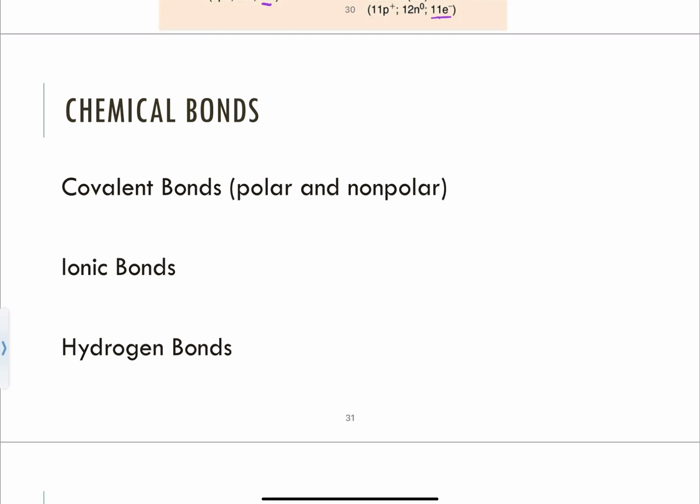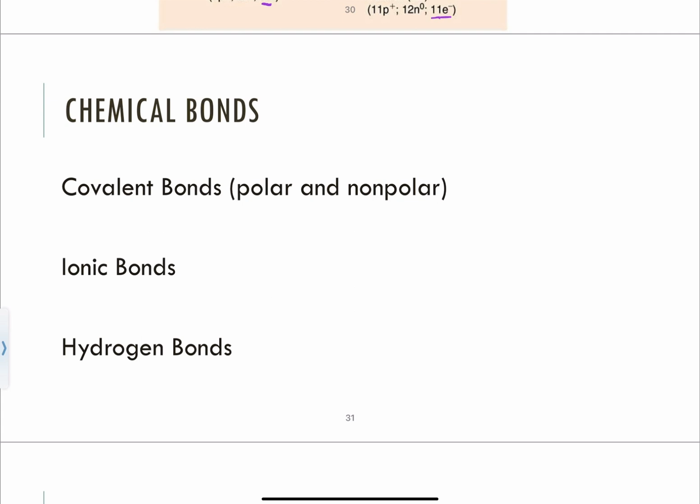We have three general types of bonds. We have covalent bonds. These are the strongest. We have ionic bonds, and we have hydrogen bonds. When we're talking about covalent bonds, we're talking about the electrons being shared between two atoms. We have two types of covalent bonds. We have a polar covalent bond and a nonpolar covalent bond.